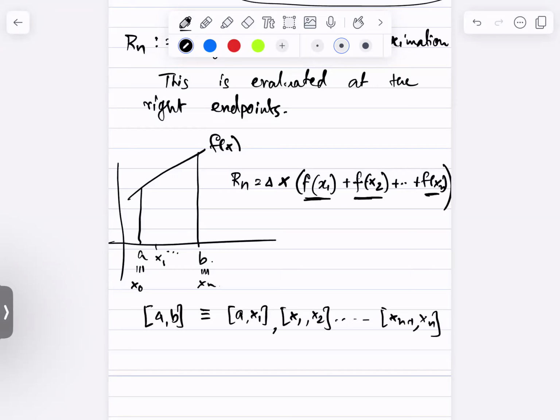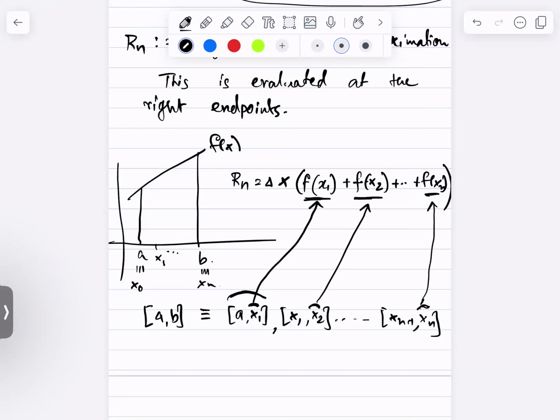So I'll consider the first interval, and I'll consider the very far right point of the interval, which is x1, and I'll take the value of f at the point x1. For the second interval, the same thing. For the last interval, I'll take the rightmost point and evaluate the function f at that point, and we'll take the sum.